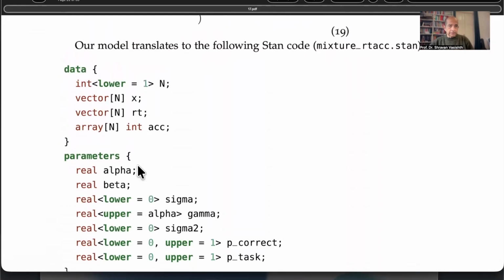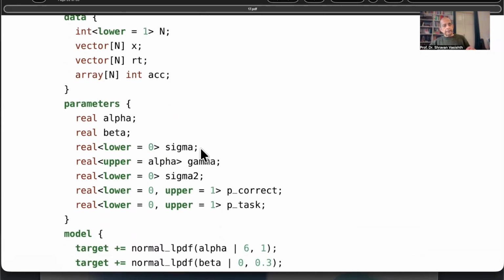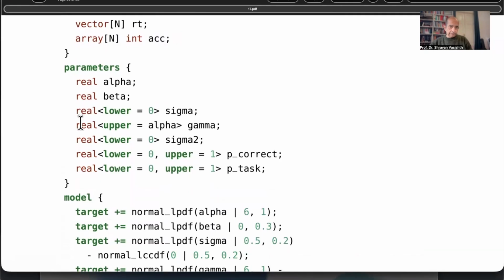So the Stan model looks like this. This part, the data part, only has one new array. That's the accuracies, 0 or 1 values that are integers, and there are n of those, so 1000. Okay? And then you have the parameters. These are all familiar, nothing new here.